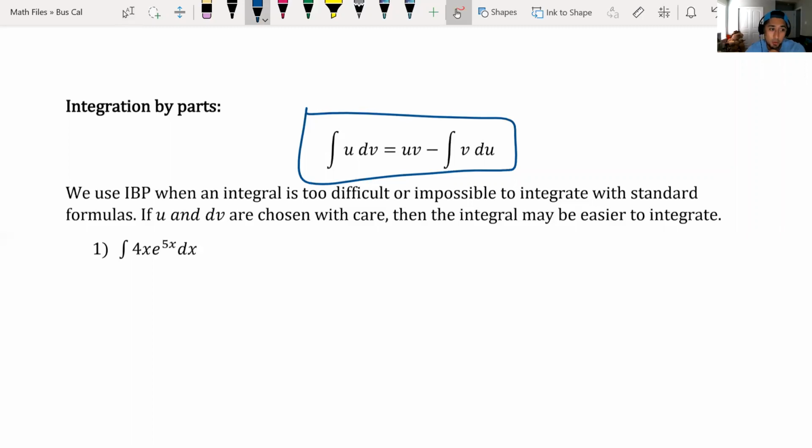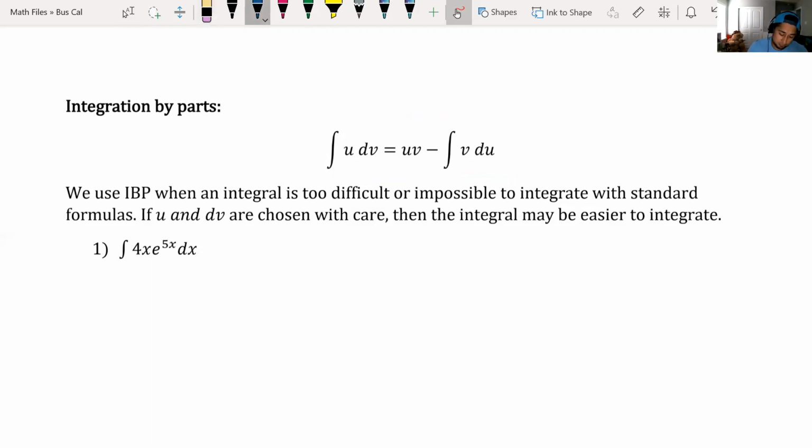We use integration by parts when an integral is too difficult or impossible to integrate with standard formulas. If u and dv are chosen with care, then the integral may be easier to integrate.